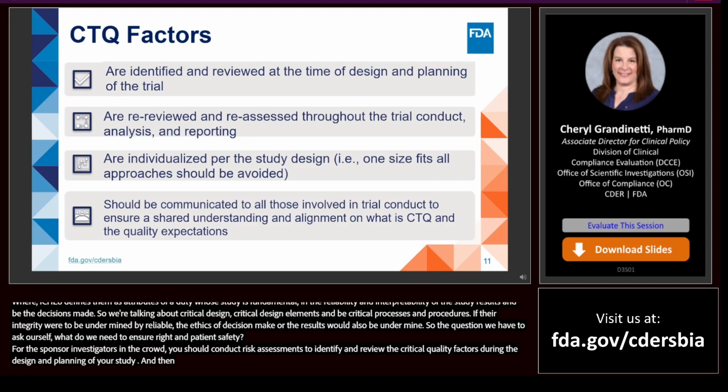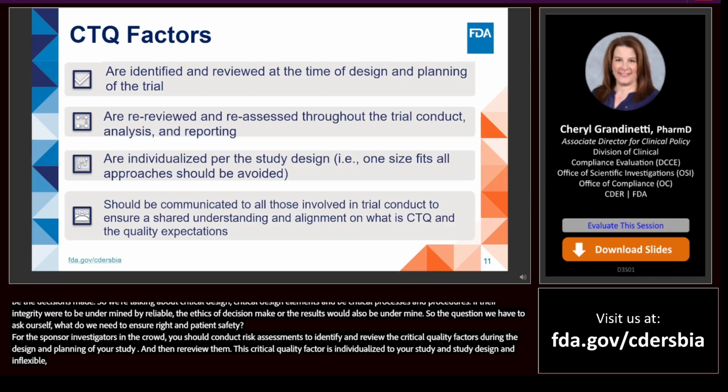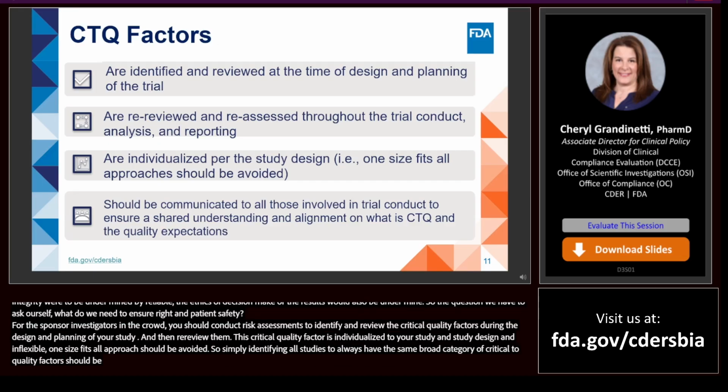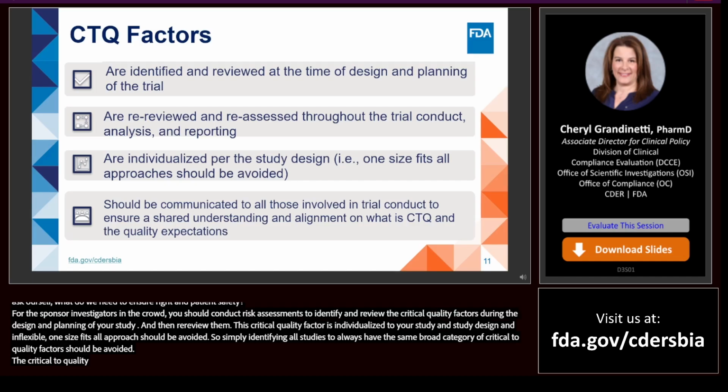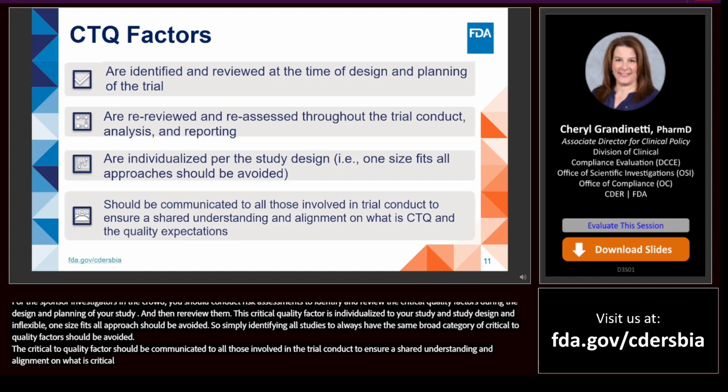So these critical to quality factors are individualized to your study and study design, and inflexible one-size-fits-all approaches should be avoided. So simply identifying all studies to always have the same broad categories of critical to quality factors should be avoided. The critical to quality factors should be communicated to all those involved in the trial conduct to ensure a shared understanding and alignment on what is critical to quality and the quality expectations.